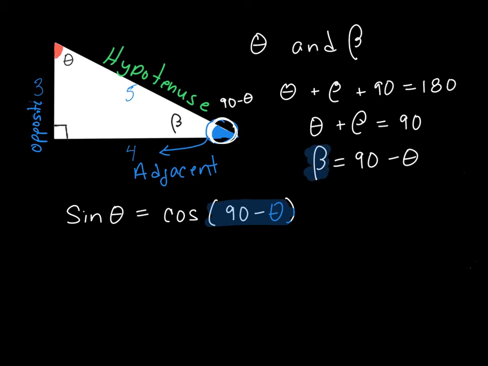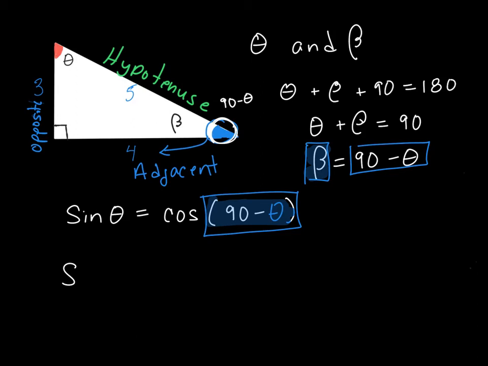Those two pieces are equal to each other. I just substituted them in. So let's go ahead and take a look at this, and let me show you how it works.